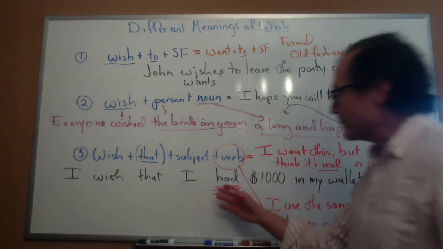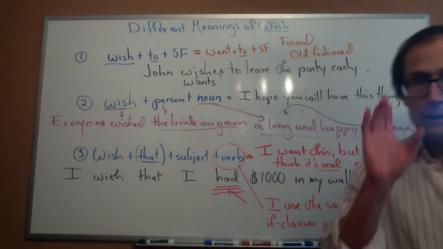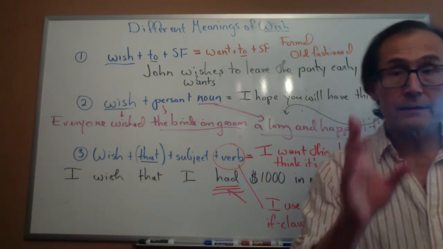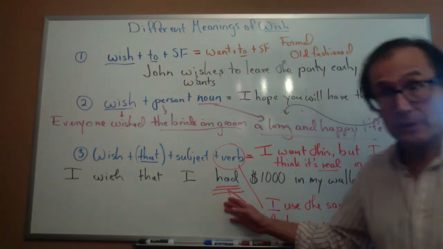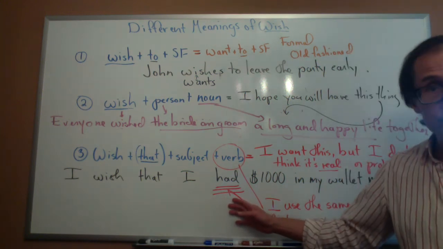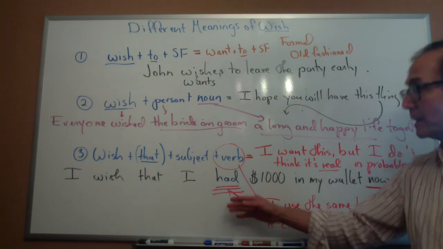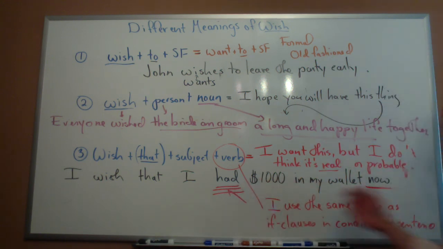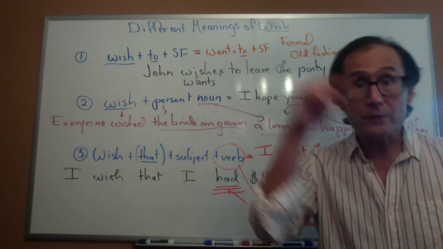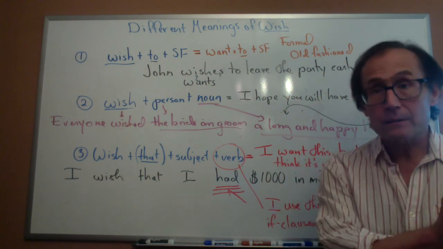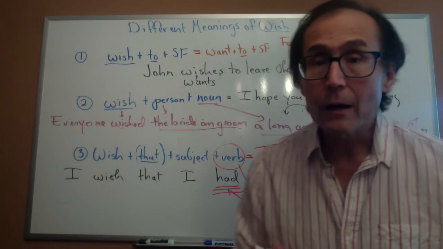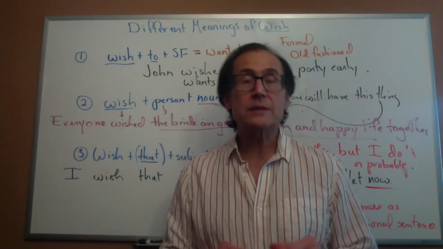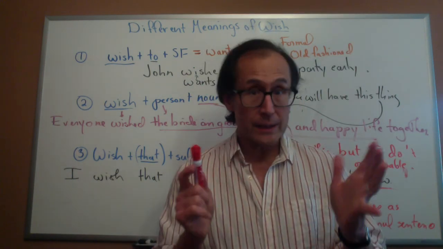So you might remember in an if clause in a conditional sentence, if it's in my imagination, if it's about the present, I use the past. If it's about the past, I use had and past participle. You can go back and check that if you're forgetting. But I'll talk about this more in the next video.